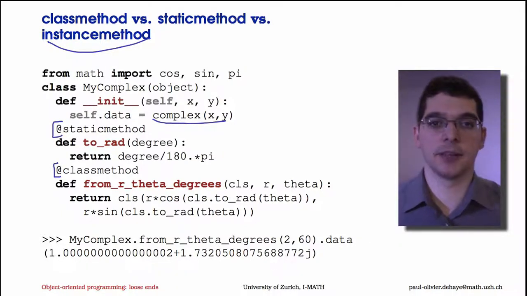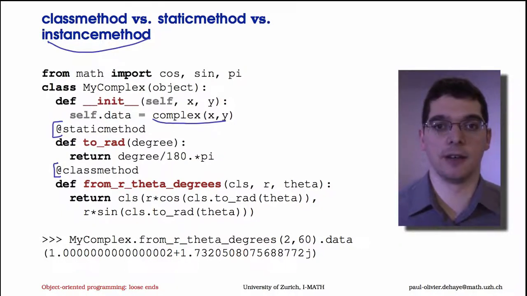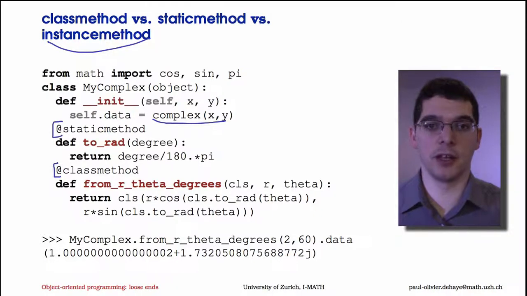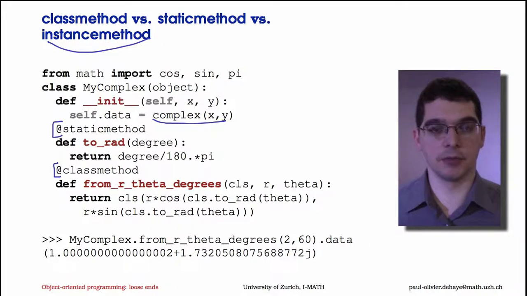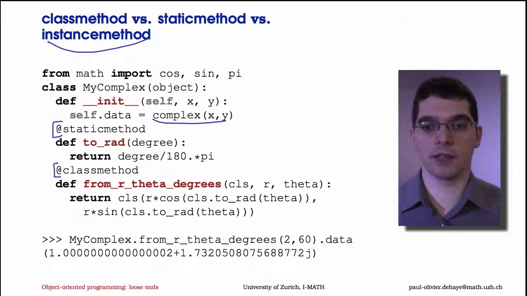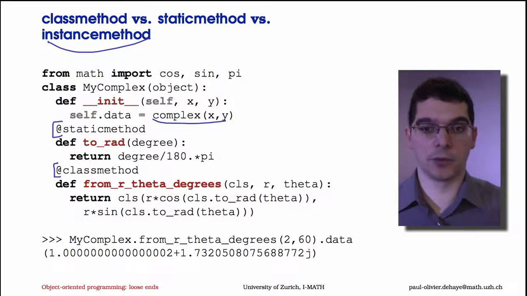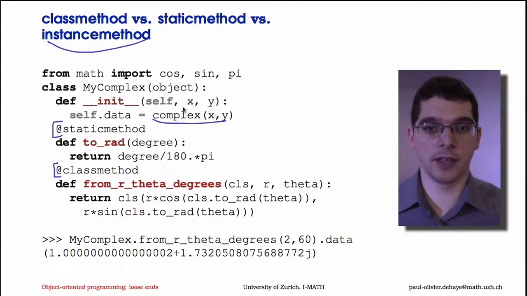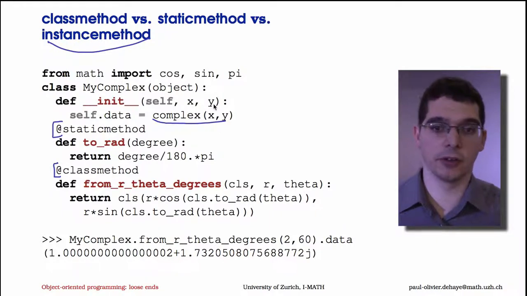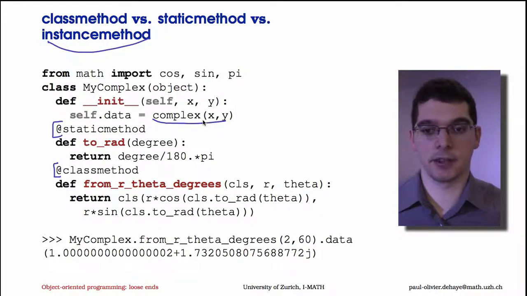Well, the reason is that I want to change a little bit the interface of complex, or I want to create a new class that would represent complex numbers with a slightly different interface from the original one. And in particular, this interface should be different in that the constructor, okay, so this part is not different. The constructor takes x and y, the x and y coordinate, if you want the real and imaginary part, and defines a complex number.